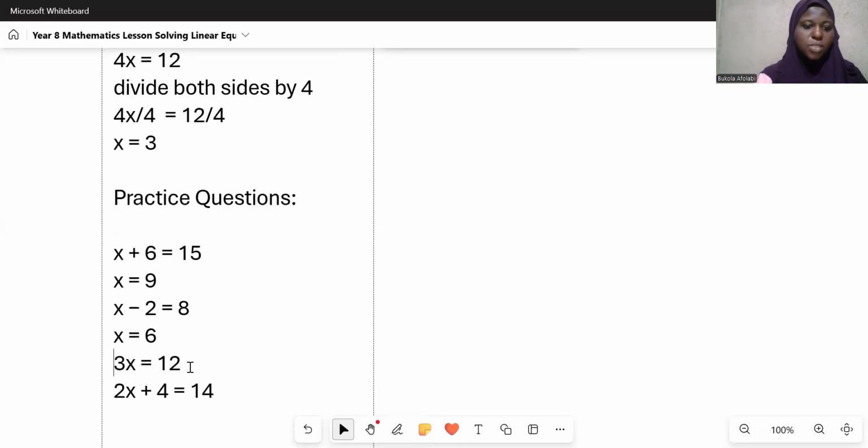So now this is a two-step equation. Now let's look at this. 3x equals 12. So we divide both sides by 3. We have x equals 4.